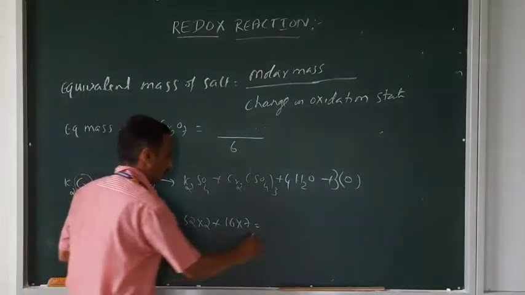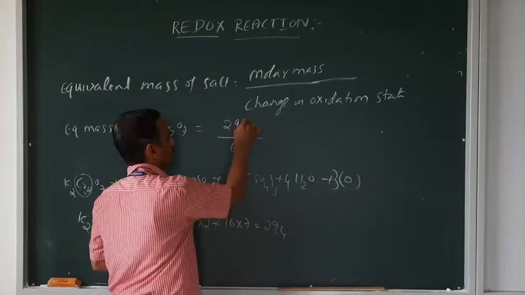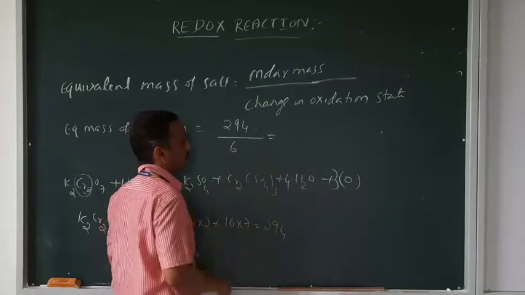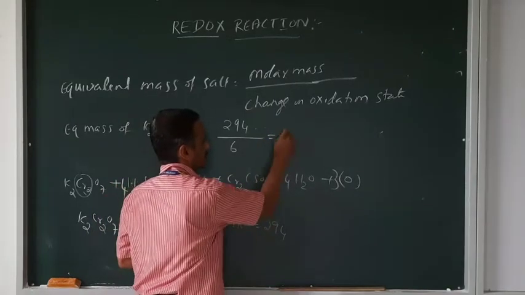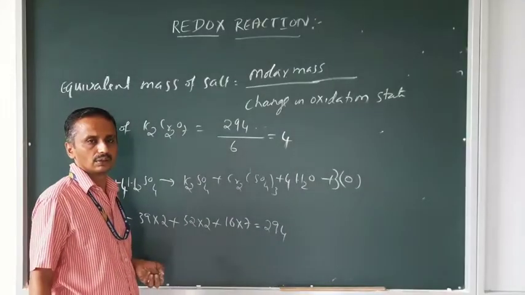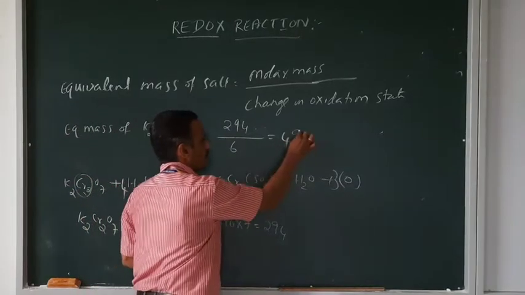And if you add together, I get 294. So 294 by 6. 6 4s are 24, 6 9s are 54.